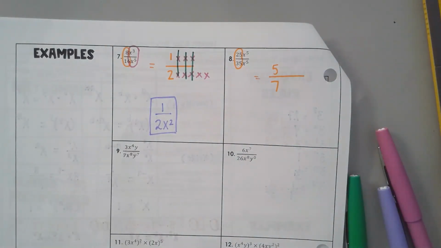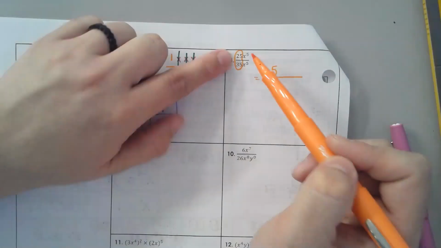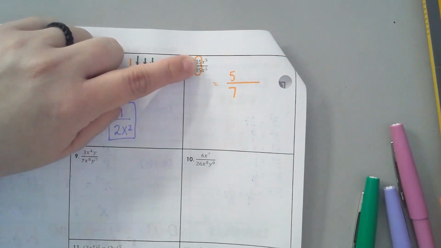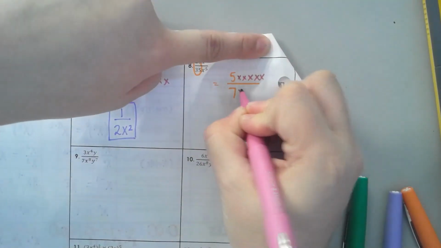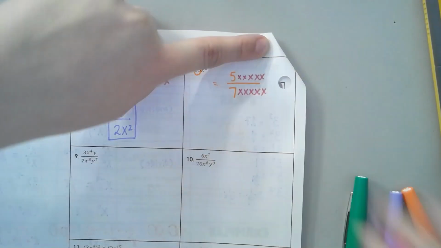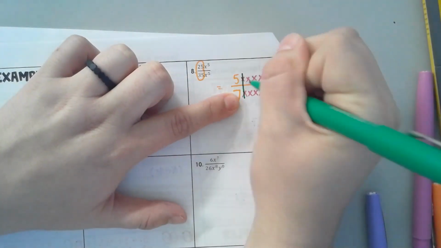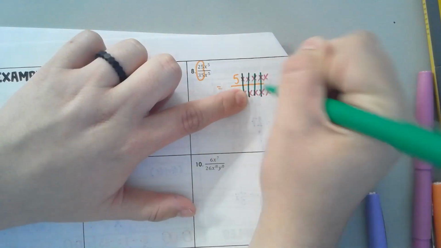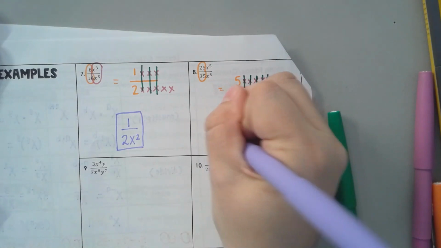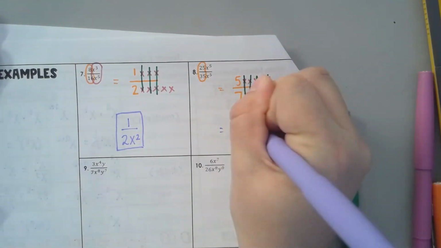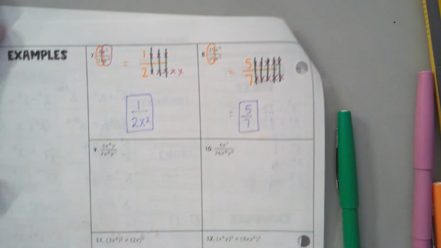I mean, that's the quotient rule, but I'm not really thinking about it as subtracting. I put 1, is that wrong? Yeah, it is wrong. So if we have x to the 5th in the top and x to the 5th in the bottom, cancel, cancel, cancel, cancel, cancel. All of the x's cancel, and yes, it's just 5 over 7. That's what I had at first, but I'll put a 1.